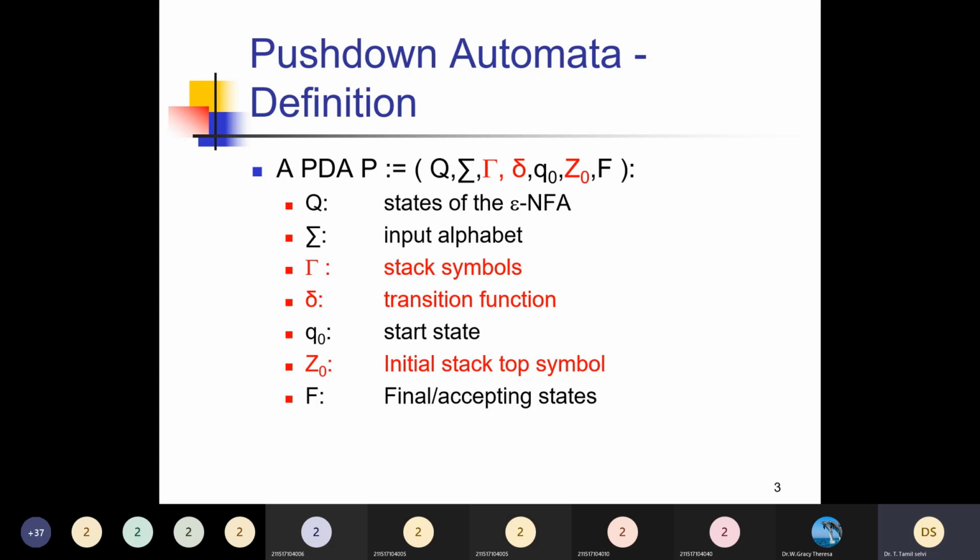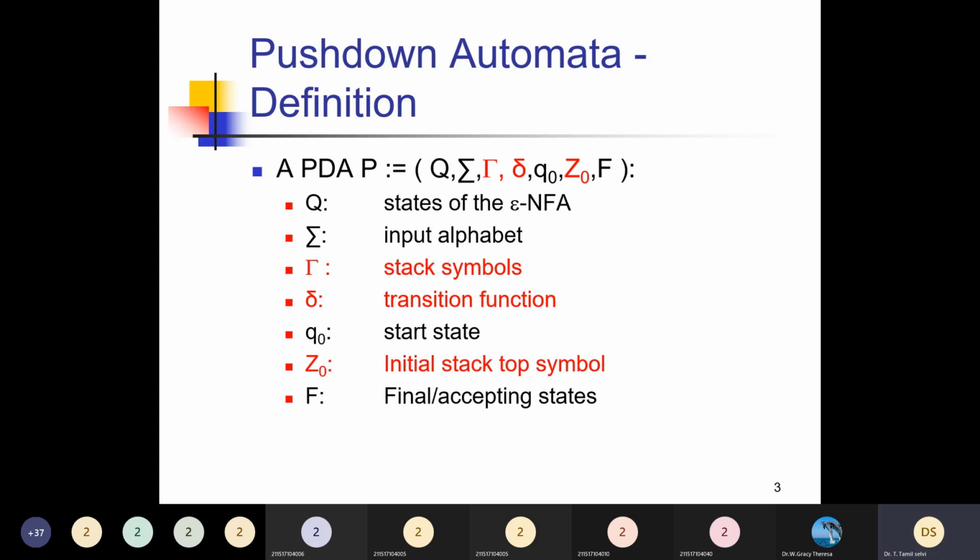And then Q0 is the initial state. Capital F is the final state. And then here we are using one more parameter, Z0. Z0 indicates the empty stack, my initial stack or top of the stack.